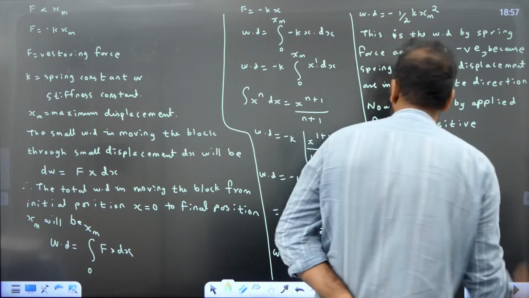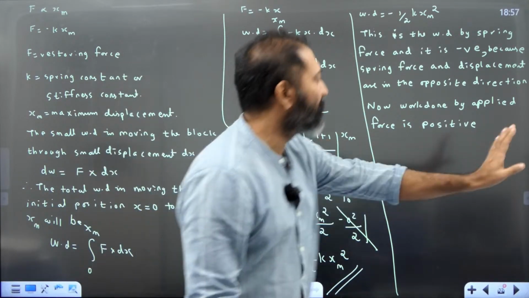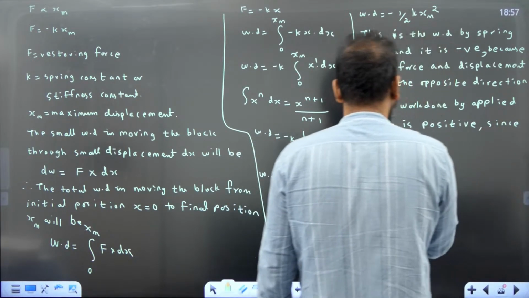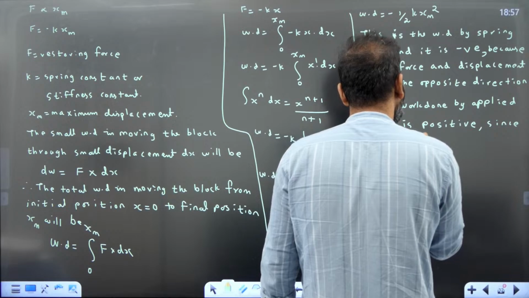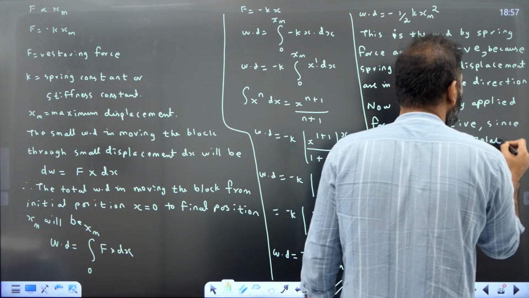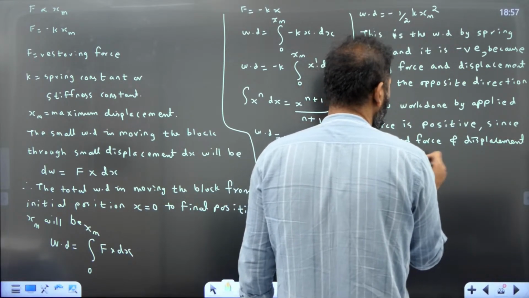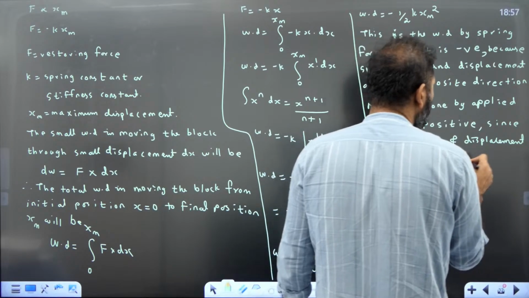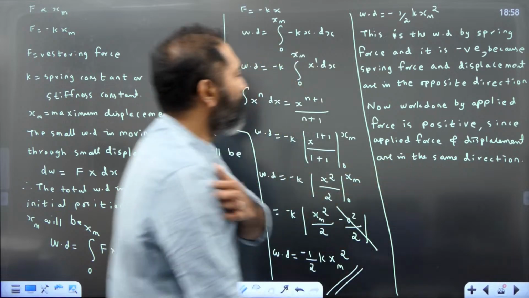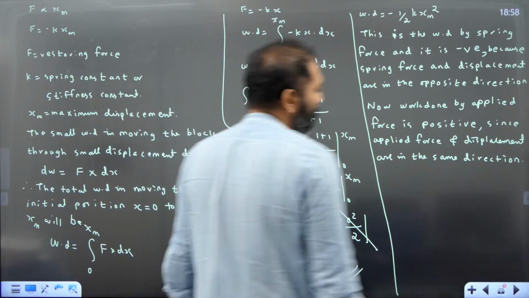Because the applied force is in this direction and the displacement is also in the same direction. Work done by the applied force is positive since applied force and displacement are in the same direction.